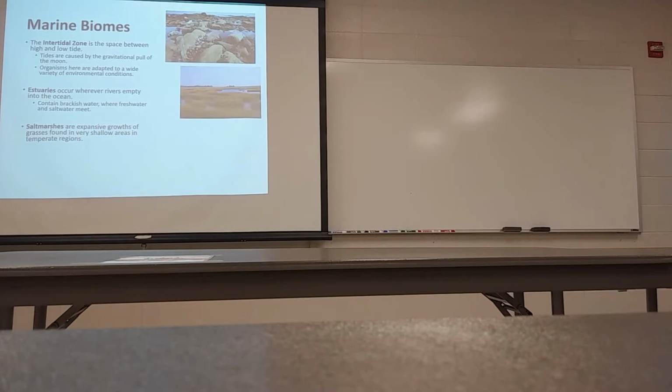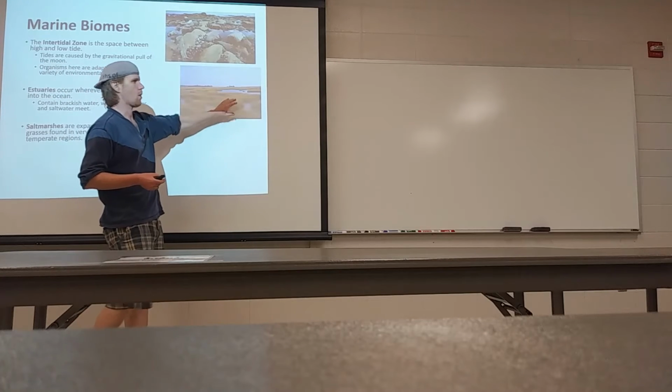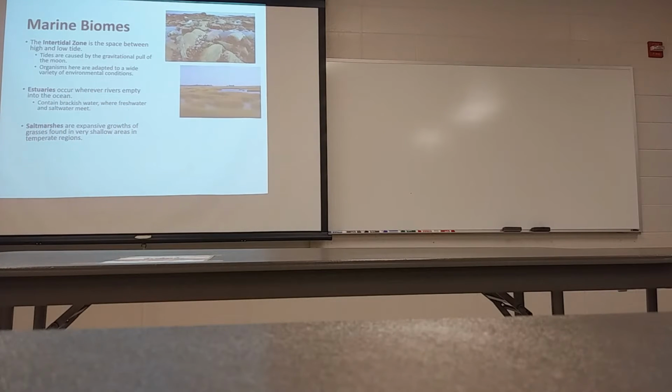It's mostly just a few species, but there are a lot of individuals of those few species. Key with these is they're found in very shallow waters because the plants themselves are rooted to the submerged ground, but they still are emergent above the water. So salt marshes are very shallow, much more shallow, for instance, than the kelp forests.